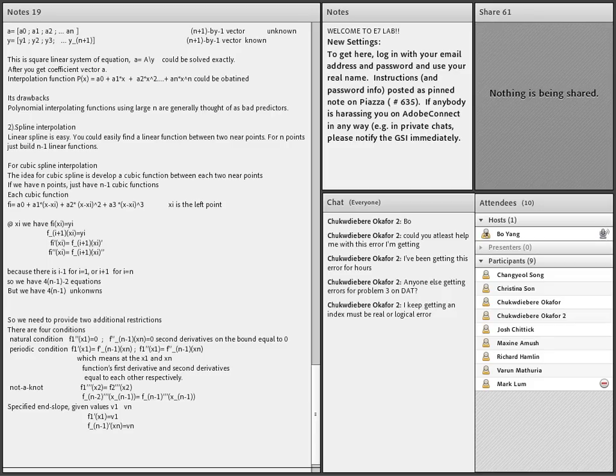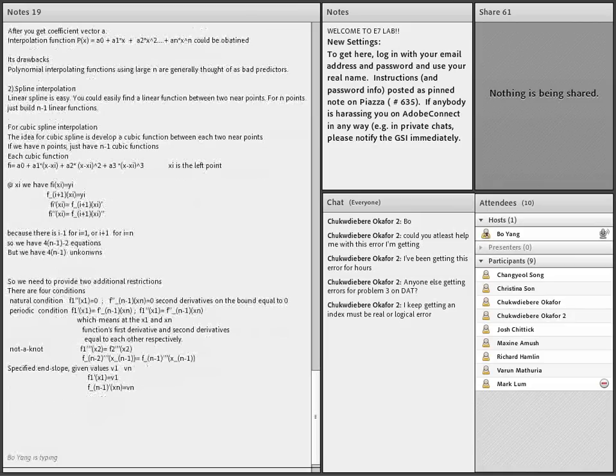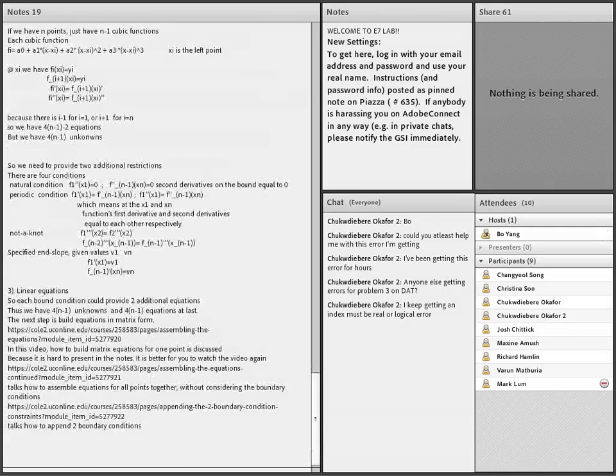But a little difficult thing is that it's hard to build the matrix. It's easy to get the equations, but hard to build the matrix.